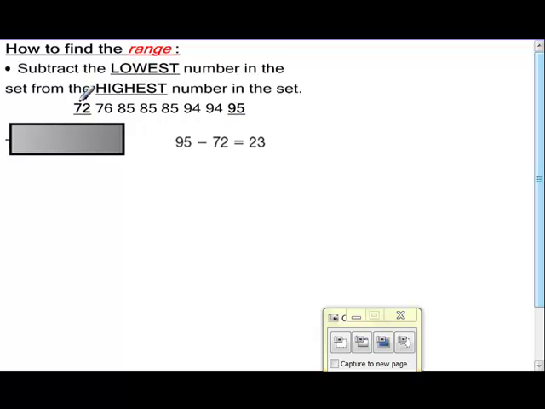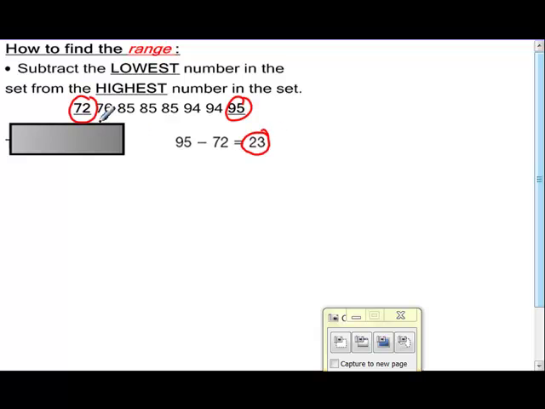Let's verify that these numbers are indeed in order from least to greatest, and yes, they are. 72 is the least, 95 is the greatest. So we take 95, our greatest number, and subtract the lowest number. 95 minus 72 equals 23. So our range is 23.